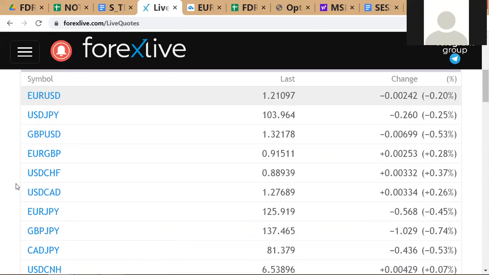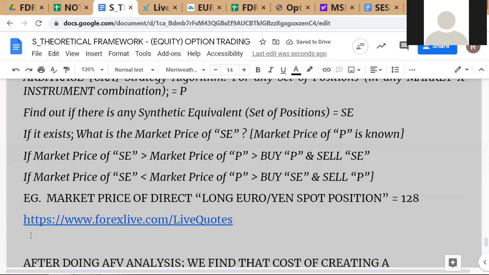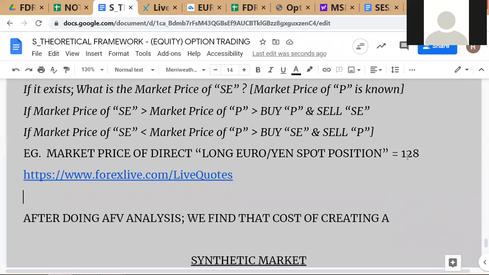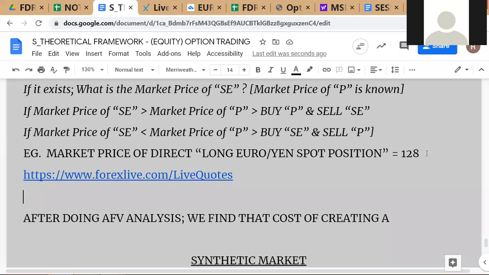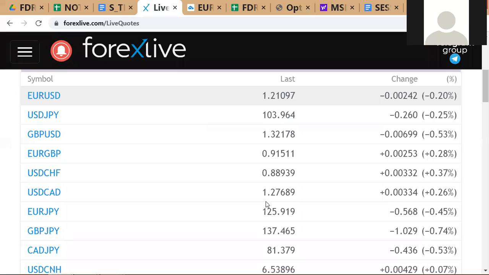So what we mean to say here, very important that we understand all this correctly. Market price of long euro-yen spot position is 128. I said, let me use the market price that is actually given here. It's 125.90. We'll call it 126. So market price, how do I get that? I go to a website like this and I find out what the price is.